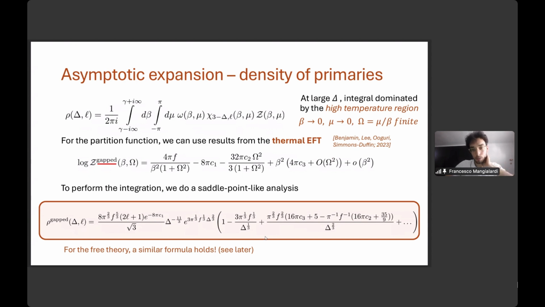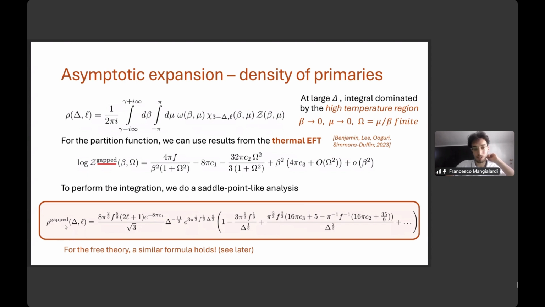And this is the type of formula that one gets. There is an overall leading behavior, which is a power law times an exponential, and then there are all these corrections, which go in powers of delta to the minus 1/3. And as you see, they depend on more and more EFT coefficients.